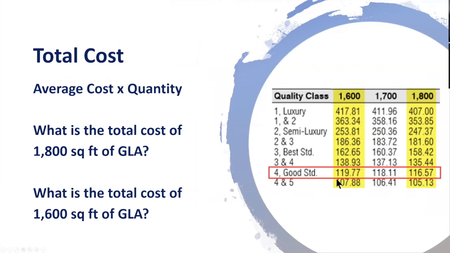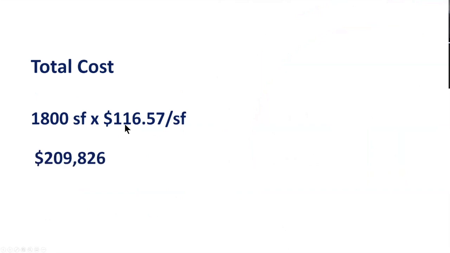So to get total cost, you multiply the size by the value in the cost table. So 1,600 feet times 119.77 has one cost, and 1,800 feet times 116.57 has another cost. Okay, so the total cost of this larger house at a lower price per foot is $209,826.